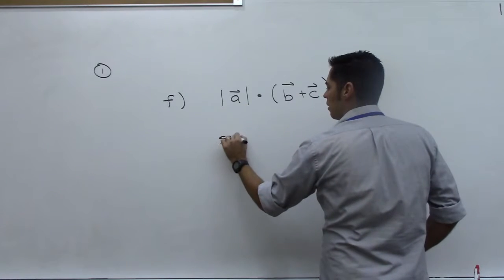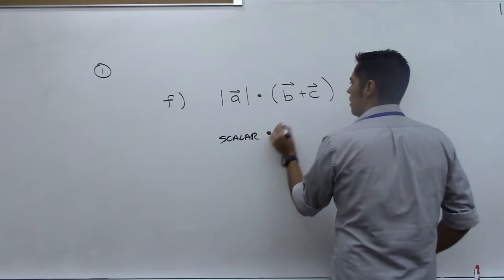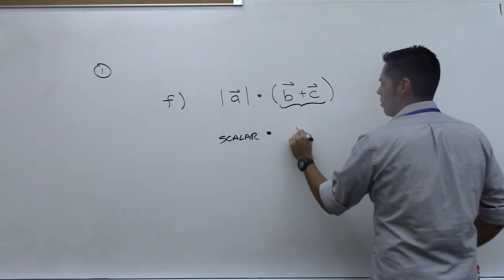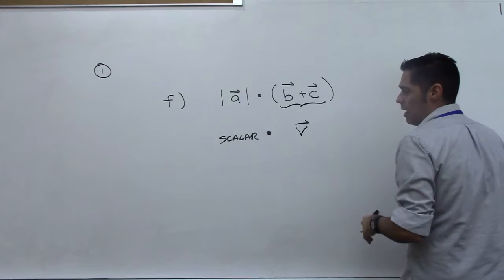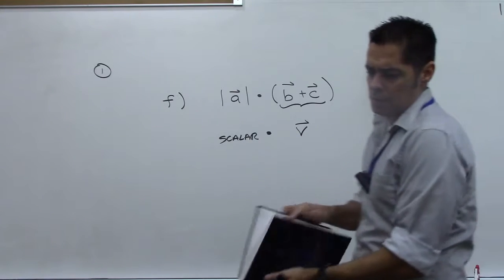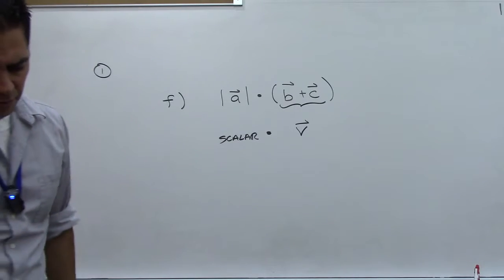So this is a scalar. And then we're dotting it with the sum of 2 vectors. When you add 2 vectors together, you get a new vector. I'll call it V. And so this is kind of like part A. You have a scalar, you're trying to dot it with a vector. That's not possible. So this would not make any sense. All right, I'll let you do the others.